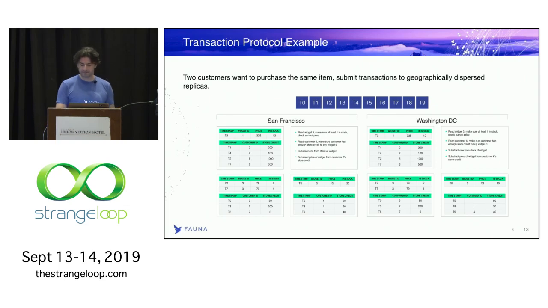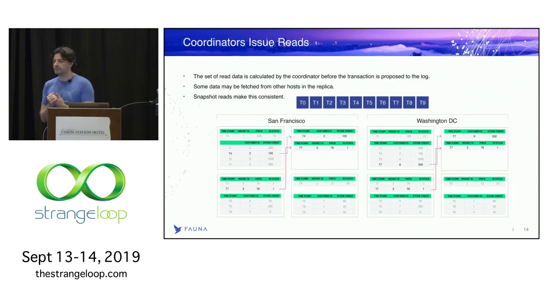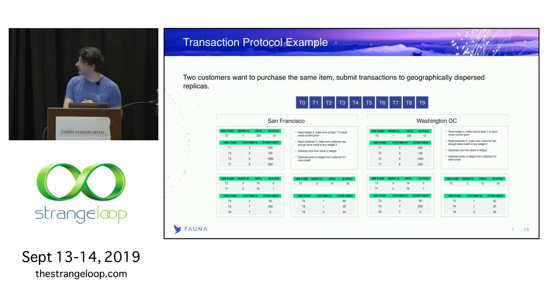What happens? At first, the node that, let me just go back one slide. So the node in each replica in the upper right corner, we will presume that that node is our query coordinator. It runs the transaction.